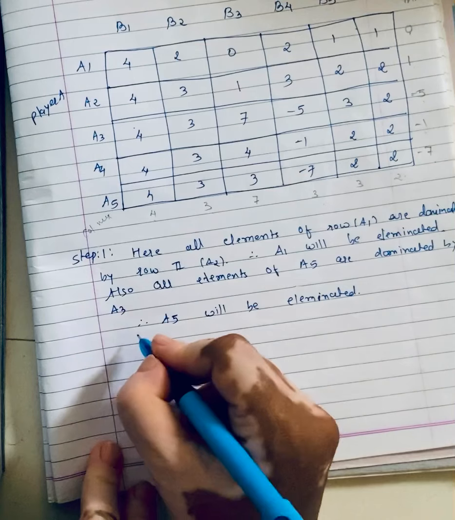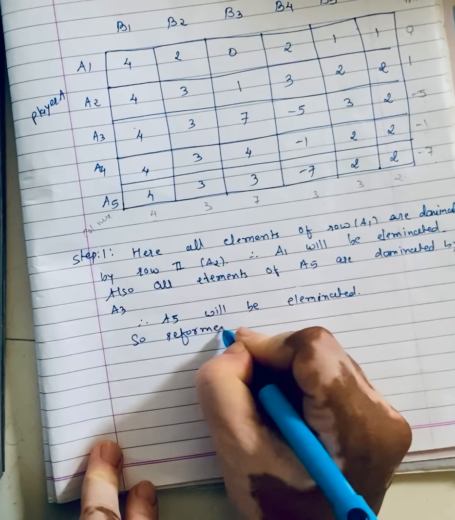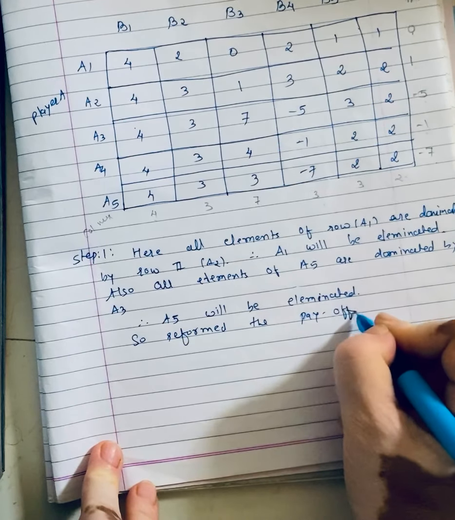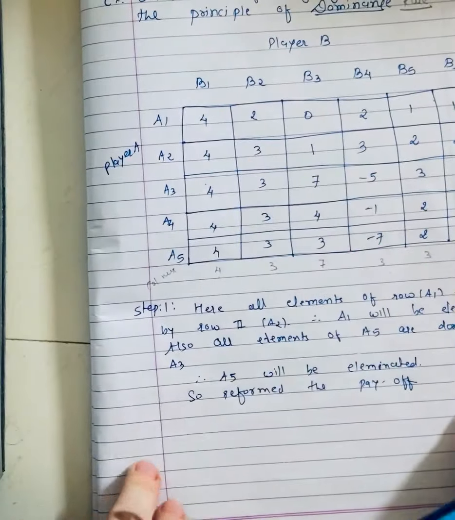So we reform the payoff matrix. We eliminate row 1 and row 5. So what do we have?